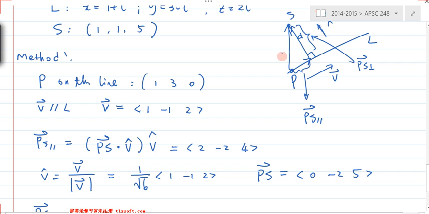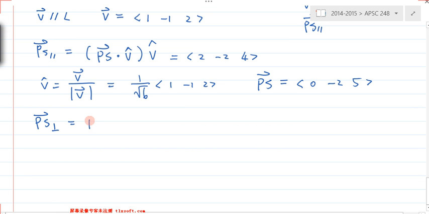Yeah. So PS vector subtract the PS parallel. So substitute everything into it. You got the two vectors, just subtract each other. We have negative 2, 0, 1. Okay? So try this calculation yourself.